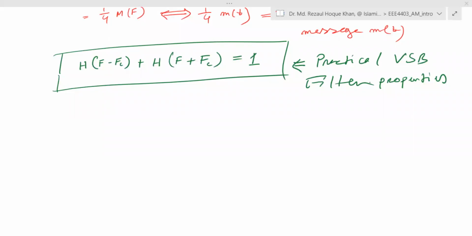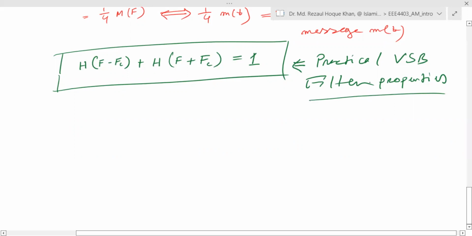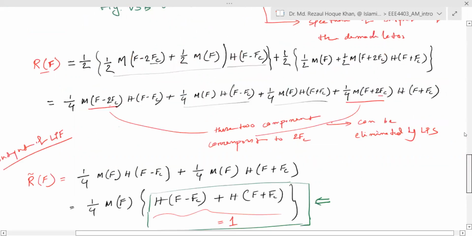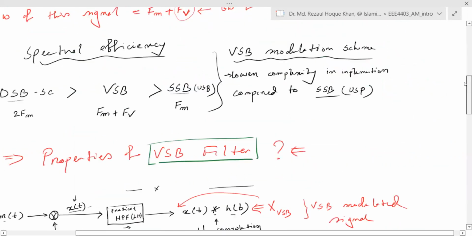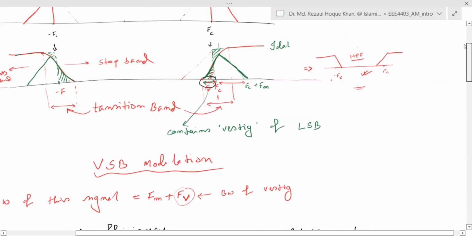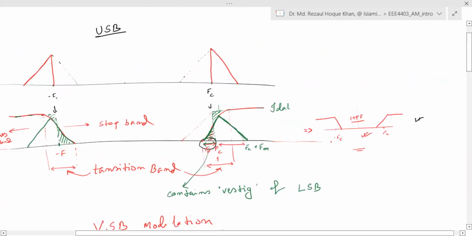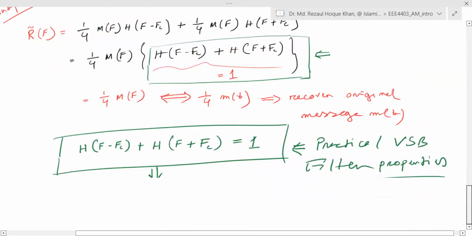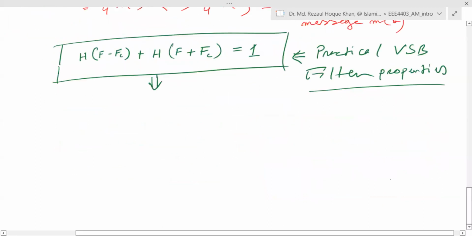So now we already know what the properties of the VSB filter are. Now how does it actually look? Now you see, in our low pass filter, sorry, this is a high pass filter. So what was our high pass filter response? This was actually our practical response of this high pass filter, right? So let me draw this one again. So this is actually a response.